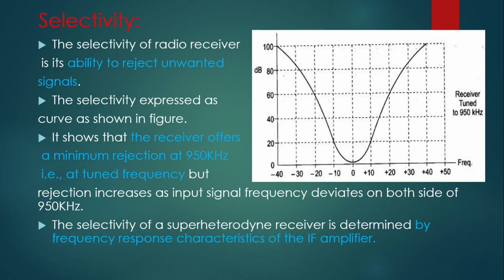So the better the rejection, the better the selectivity: better rejection for all unwanted frequencies other than that for which the receiver is tuned.